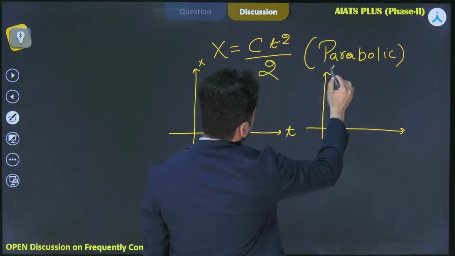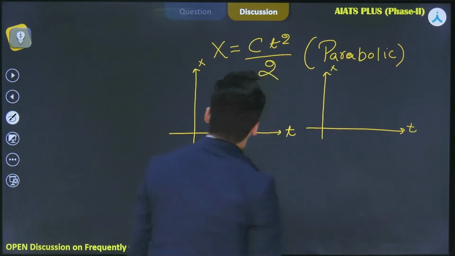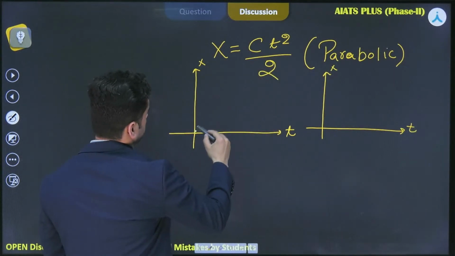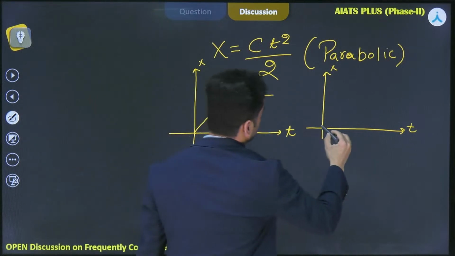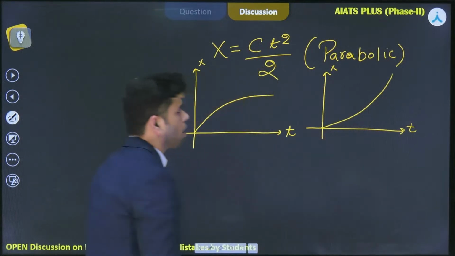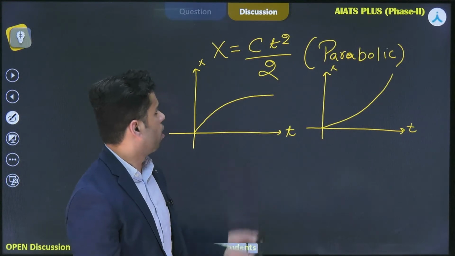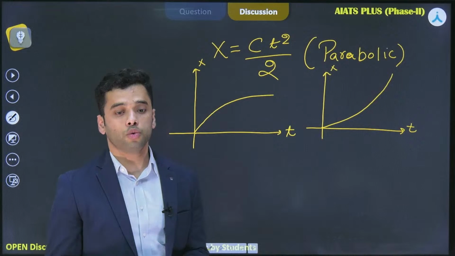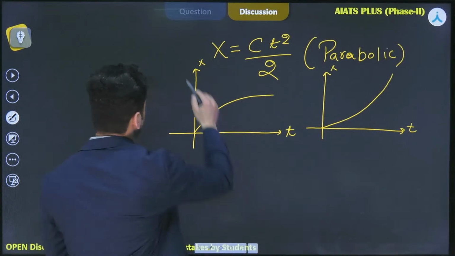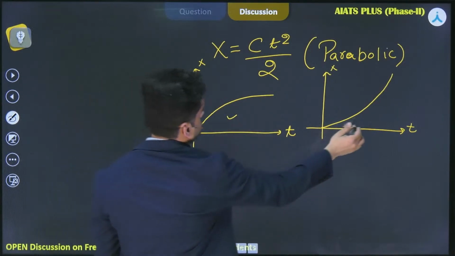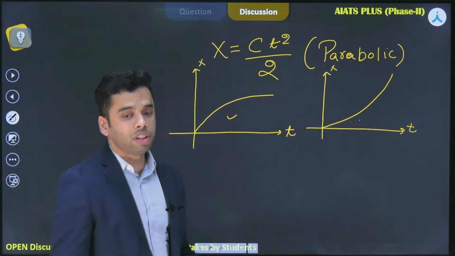This one is x and this one is t. So one of the graphs should be like this, and one of the graphs should be like this. Which one is the correct graph based upon this equation x equal to ct square by 2? This one or this one? Anyone can give me the answer?